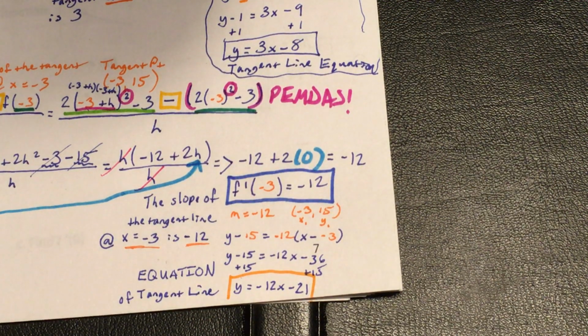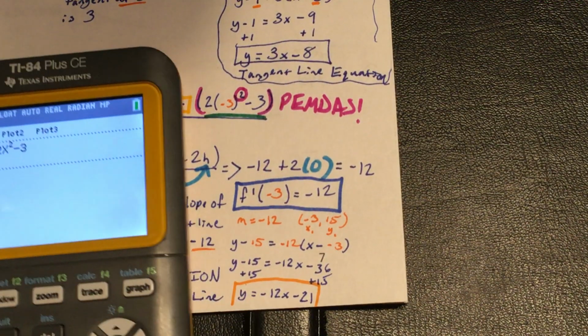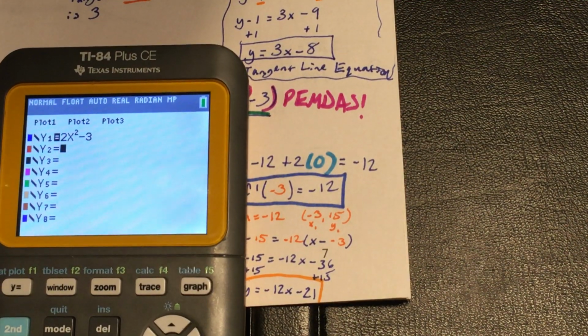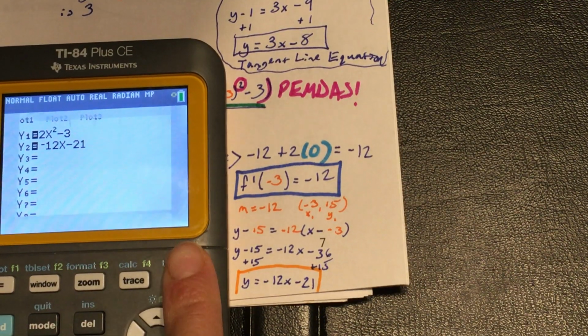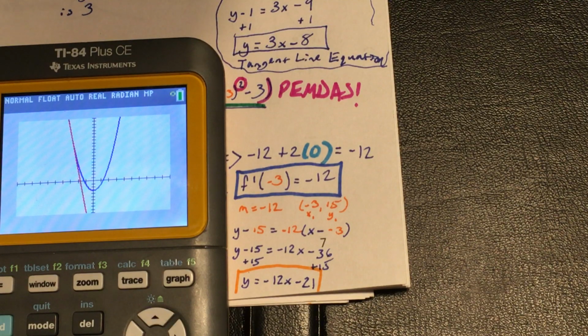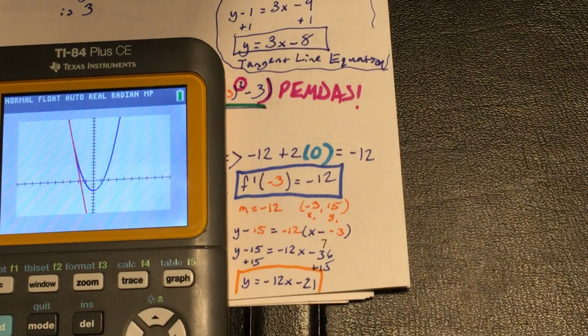And what's nice is once we have the equation, we can actually type that in on our calculator. So let's see, negative 12x minus 21. And we can see that it is touching right at that point.